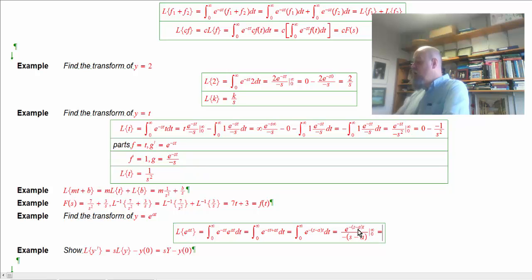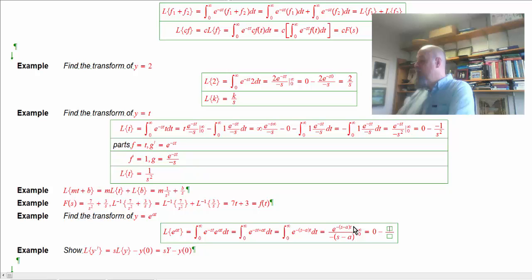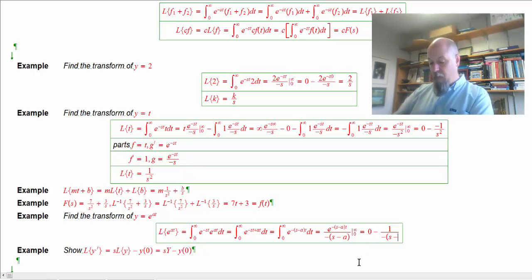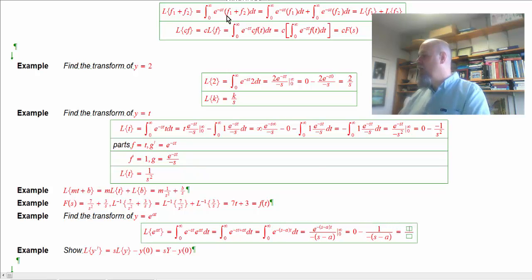Now when I sub in, so there's my integration. When I sub in for infinity, I'm going to make the assumption that s is bigger than a, so that minus s minus a, so that this exponent then is negative, and when I sub in the infinity, that'll be e to the minus infinity, and that'll be 0. Minus, when I sub in the 0, I'm going to get e to the 0, that's a 1 over minus s minus a, which cleans up to be 1 over s minus a.